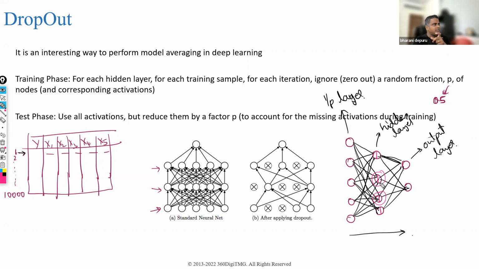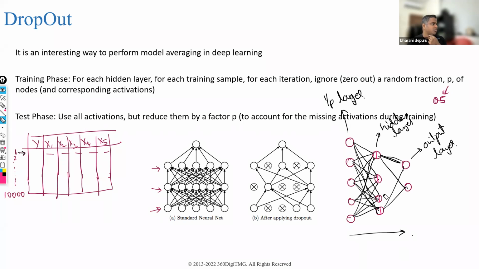When you make the activation as 0, what will happen? The output that this neuron gives to this and this is gone. And the output this neuron gives to these two is also gone. And you're training your model.